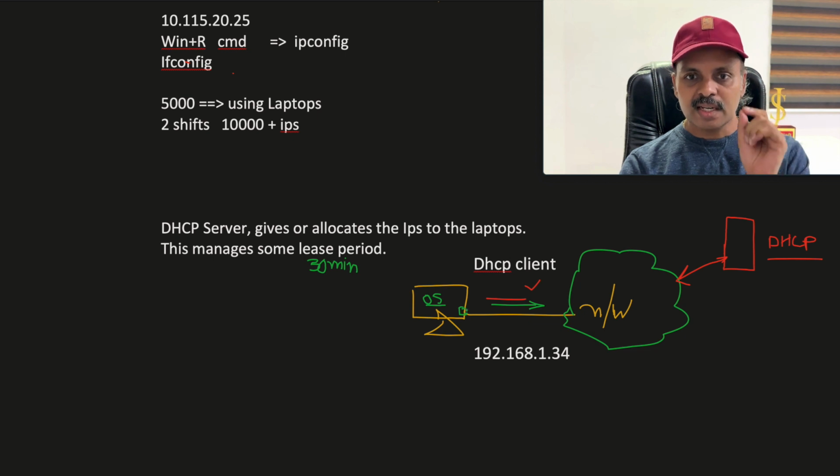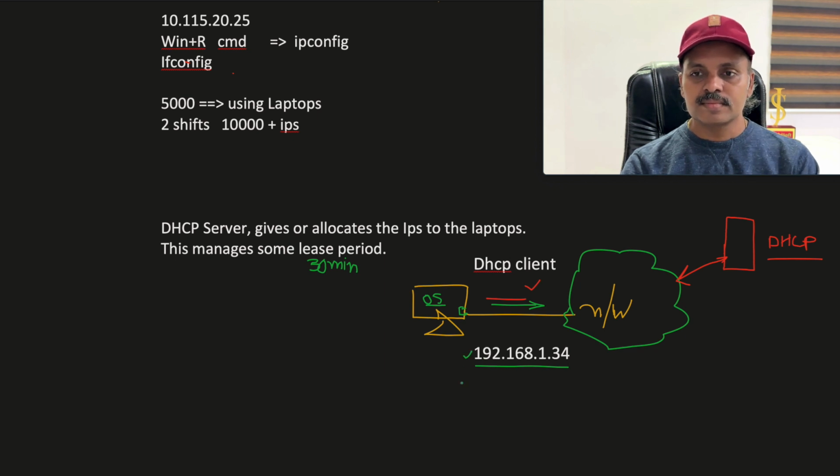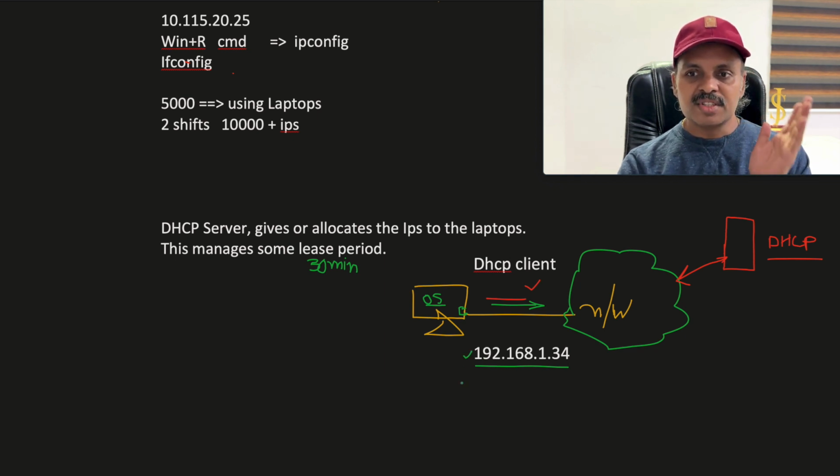If I connect to the network in the meeting room, I will hold the same network address. If I don't connect, and the meeting takes 40 or 45 minutes, then when I come back and connect, because the lease has expired, my computer will again ask the DHCP server for an IP address.